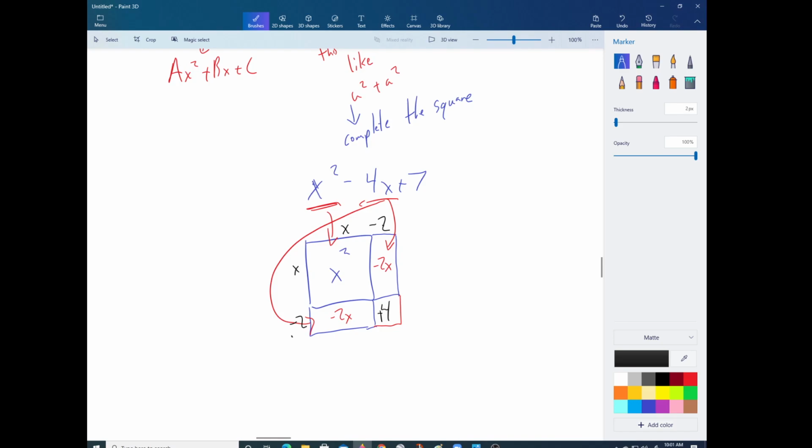And the 7, I just manipulate it as I need to. This tells me that I have x squared minus 4x plus 4 is the same thing as x minus 2 squared. But I need to go from negative 4 to 7, so I can do it like that. If I do it on one side, I got to do it to the other.